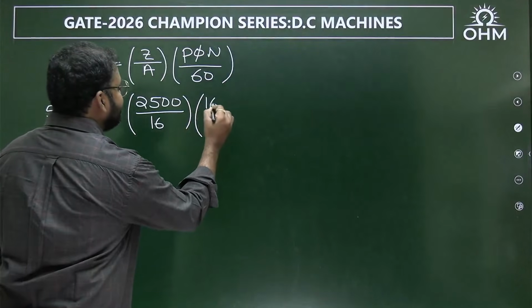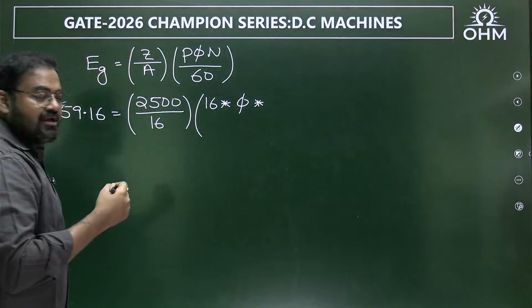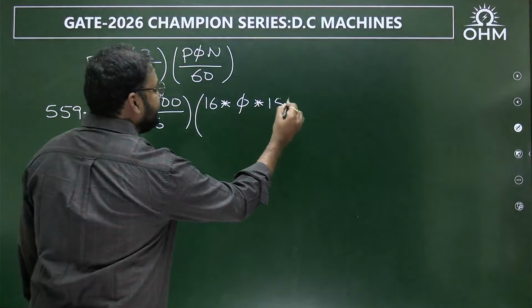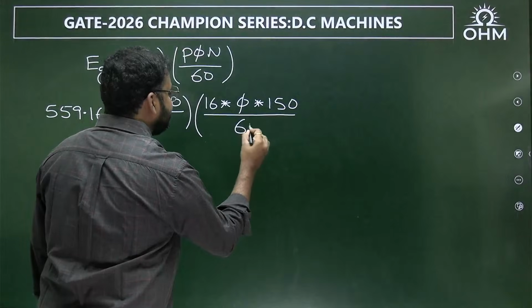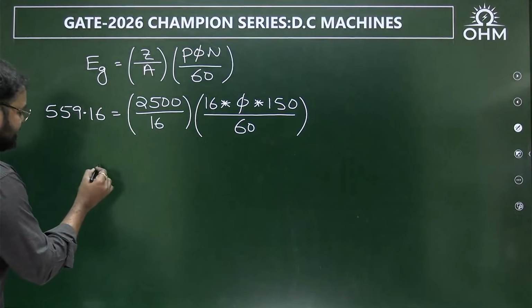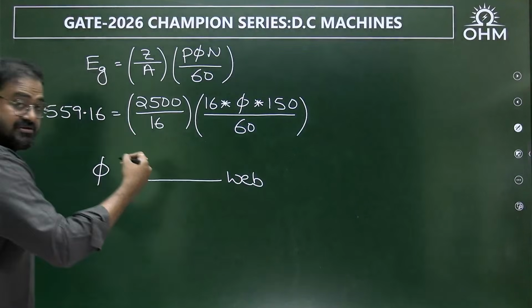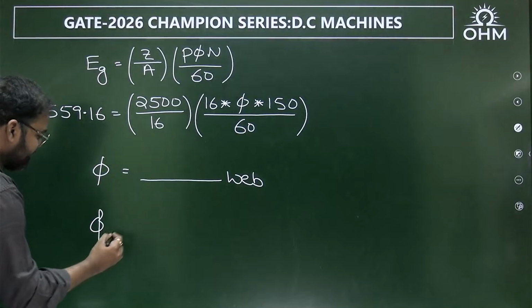Number of poles were also 16. Flux per pole is the unknown value, that is what we have to calculate. And the speed was given as 150 rpm divided by 60. Now you can see the only unknown is flux per pole. You will get the answer in Webers and then convert to milliwebers.